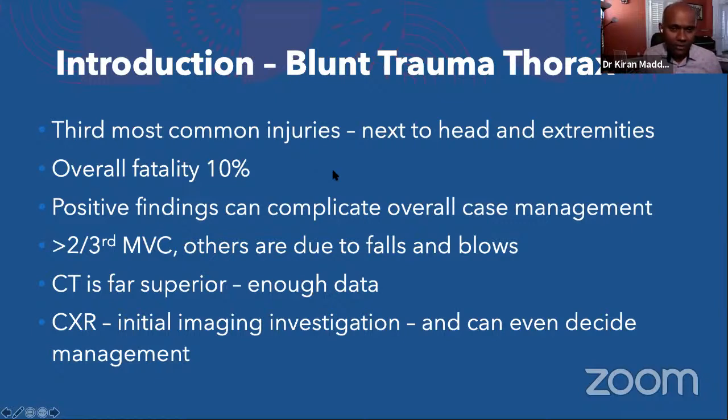But for now, keep your ideas confined to blunt trauma of the thorax. It is the third most common injury. Injuries to the chest are the third most common, next to injuries to the head and extremities, which are first and second. Overall fatality of blunt chest trauma is up to 10%, which is significant.